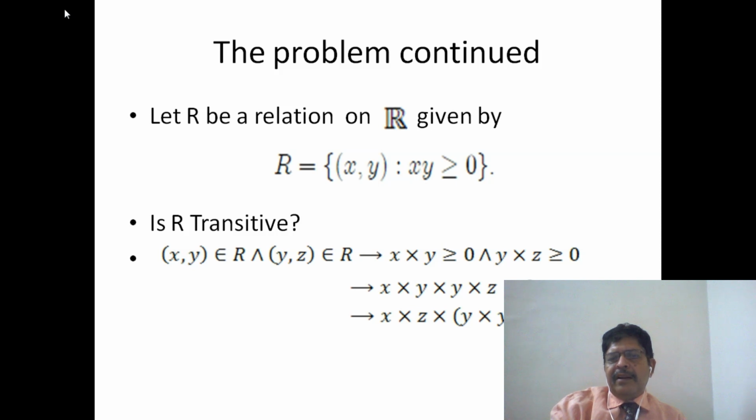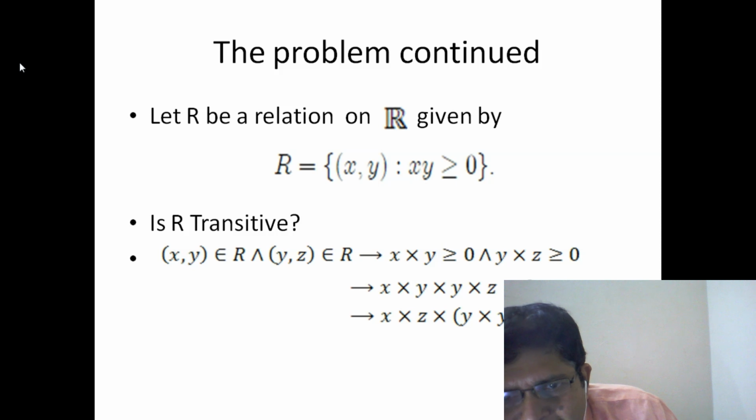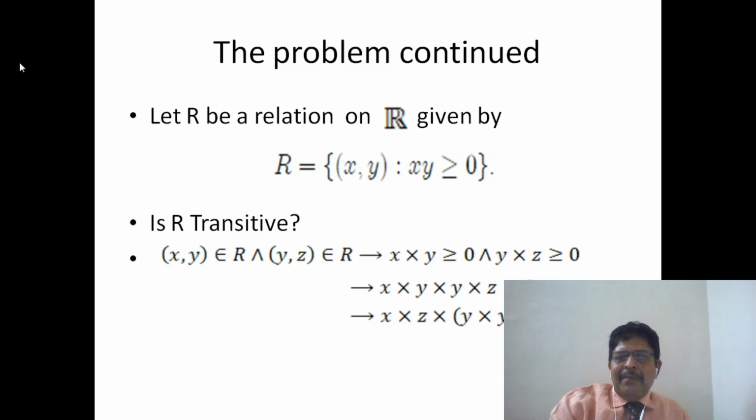Now we find that what is there inside the parenthesis, it is a positive number, because y square, the square of any real number, is positive. Yes. No, it is non-negative. Okay, so many students make this mistake of mixing up positive and non-negative.